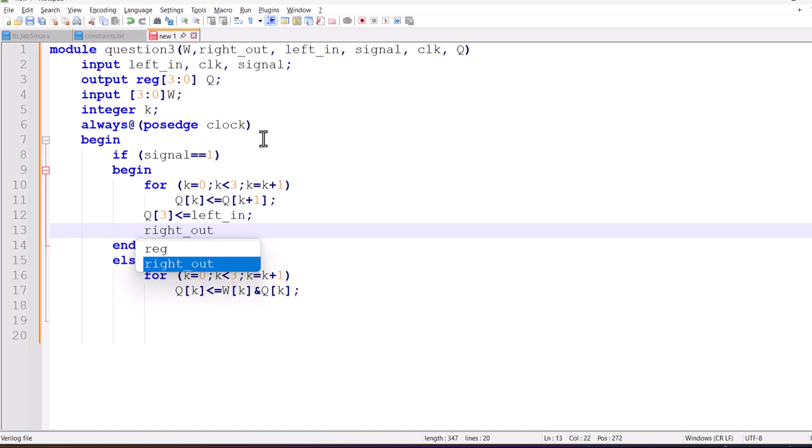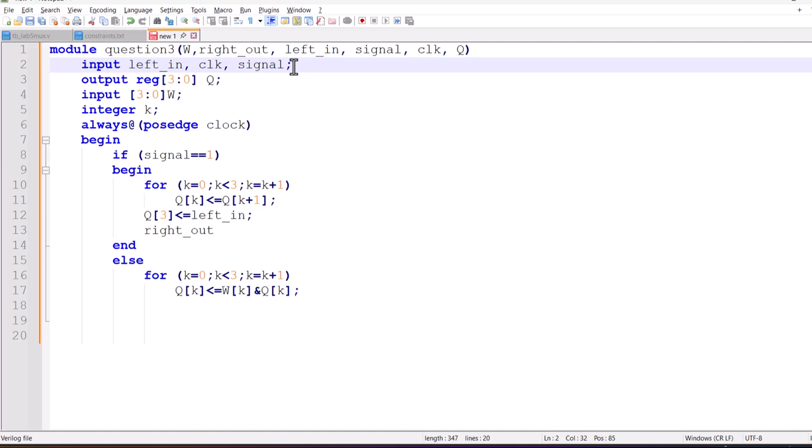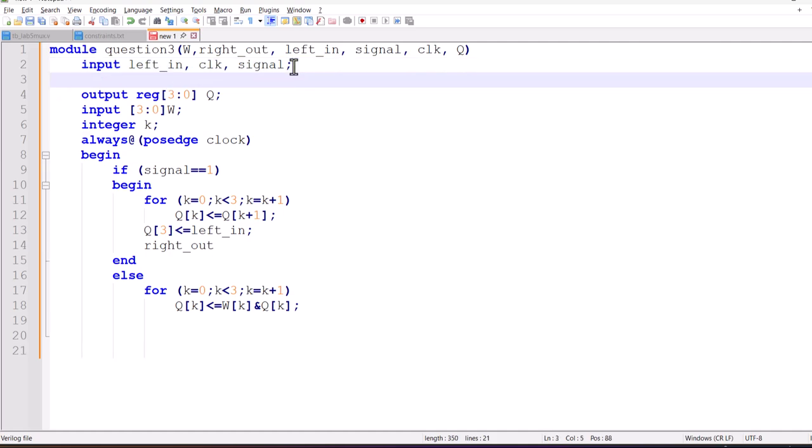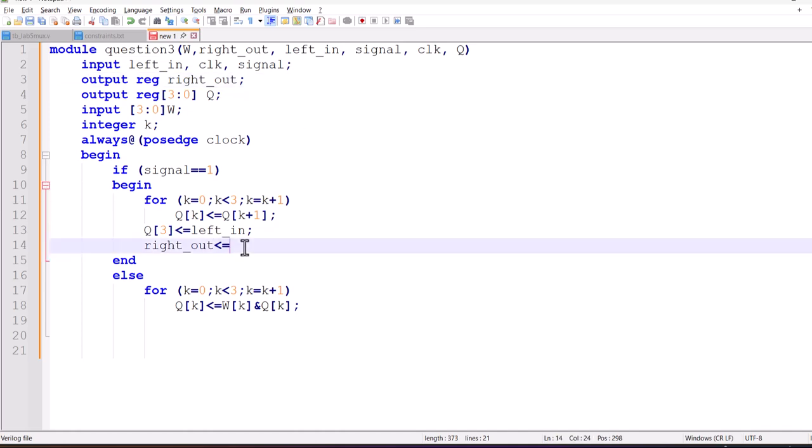So write out then becomes a reg. So output reg write out. Write out becomes equal to Q of 0. I left that part out.